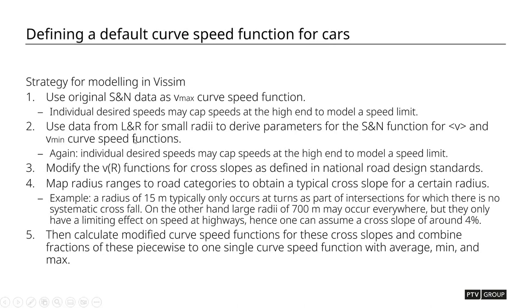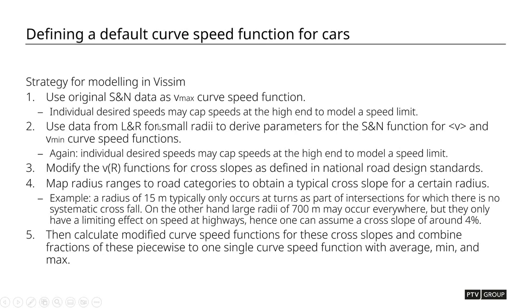Then we use data from Lindenmann and Ranft, and that's the data for the very narrow curves with small speeds, to compute Schimmelpfennig-Nackenhorst functions for average speed and minimum speed. Why that? Why don't we use Lindenmann and Ranft directly?